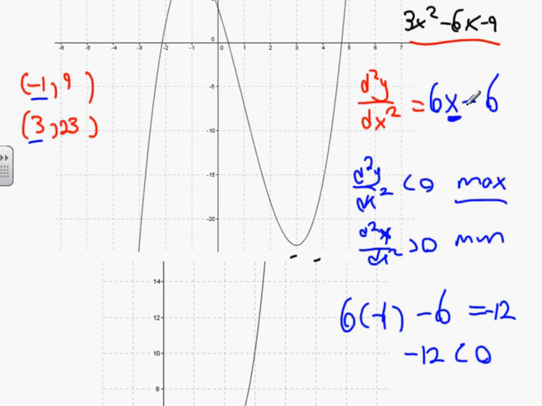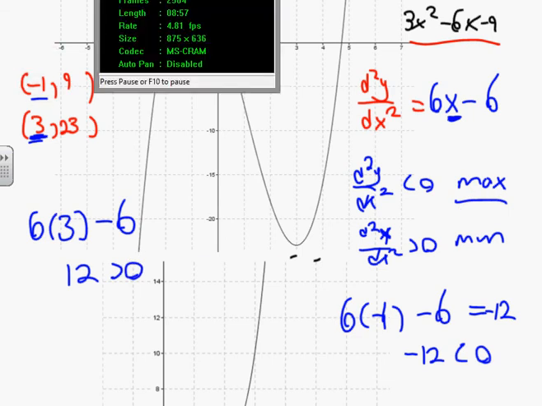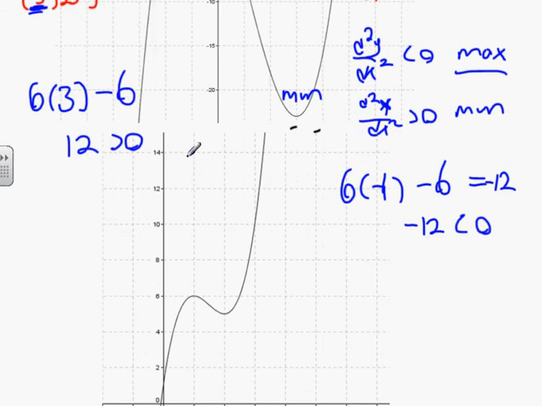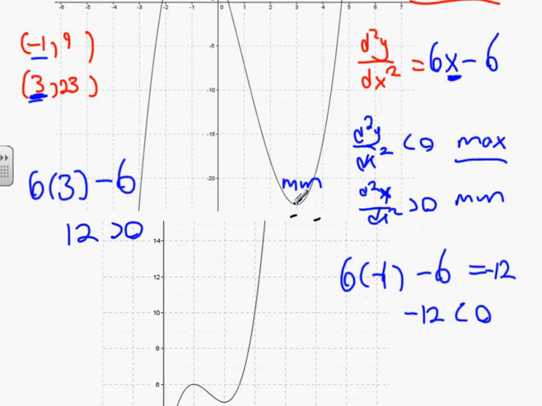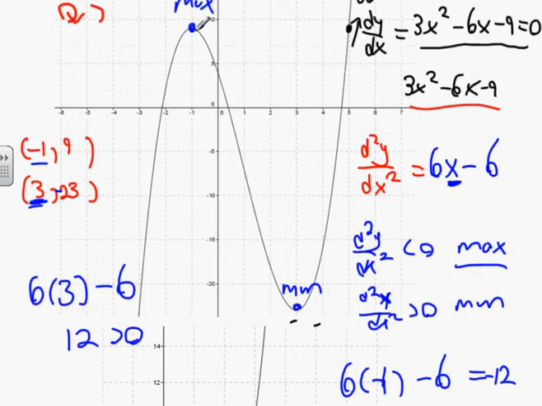So this time replace x with 3. 6 times 3 minus 6 is 12, which is greater than 0, therefore it's a minimum, because greater than 0 is the minimum. So this one here is the min, that is the point 3, minus 23, and the maximum is the point minus 1, 9.